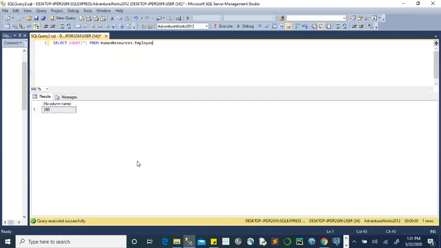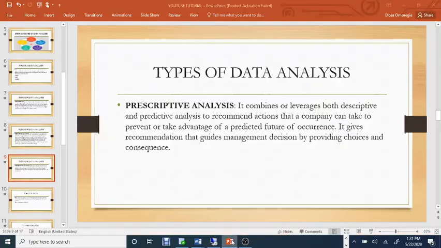Descriptive analysis, which provides a statistical summary. We also looked at predictive analysis, which leverages descriptive analysis and takes it further by predicting future events, predicting what happens next after identifying trends and patterns in historical and current data.